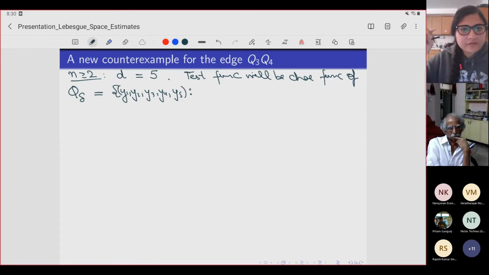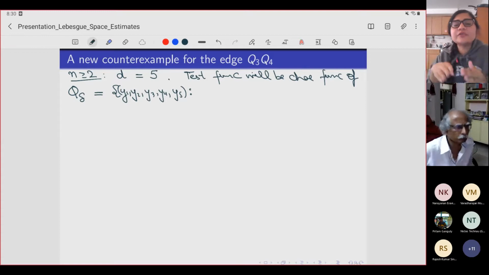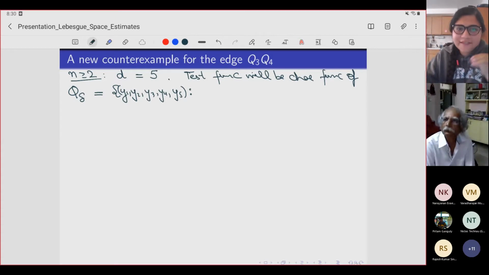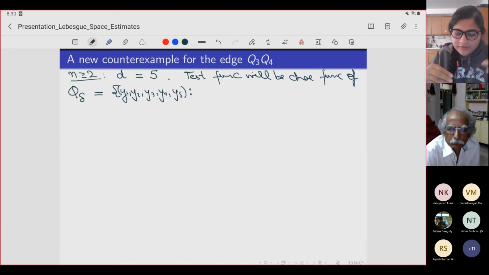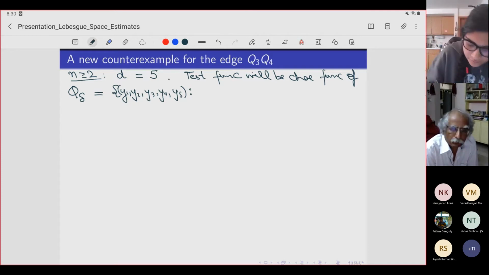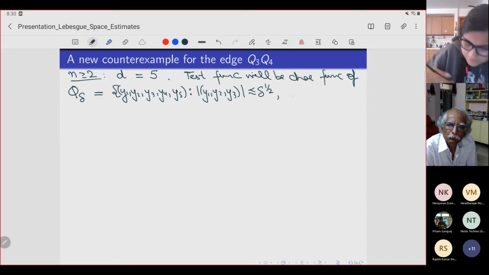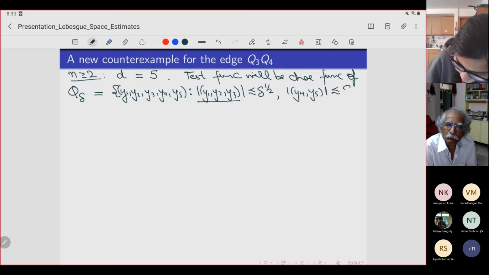In our case, we have 2 codimensions, so maybe we'll choose 2 of the directions to vary in a set of radius delta, and the 3 remaining in a radius delta to the power 1/2. So maybe something like this: y1, y2, y3 is less than or equal to delta to the power 1/2, which corresponds to the dimension of the sphere, and then the other, which corresponds to the codimension, y4, y5 is less than or equal to delta.